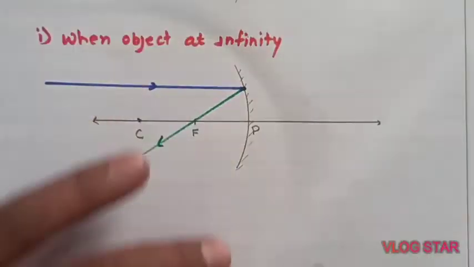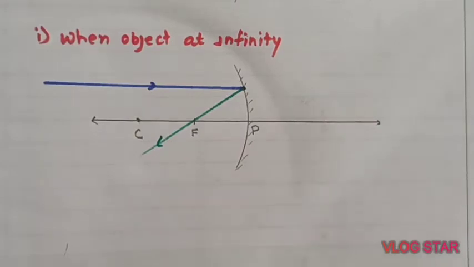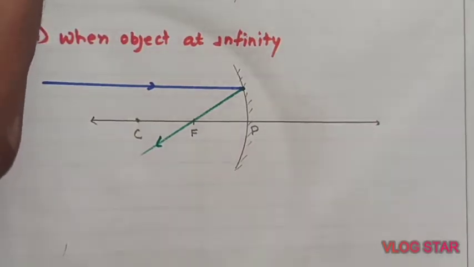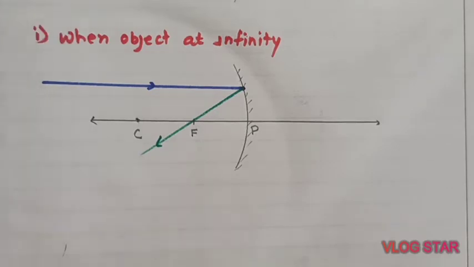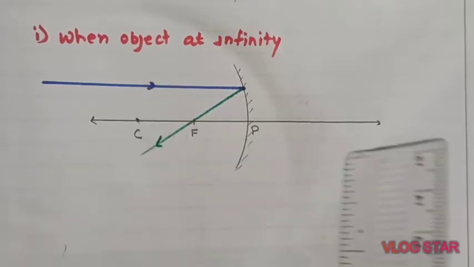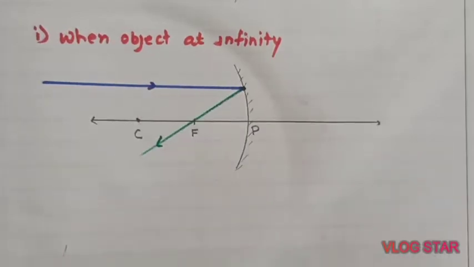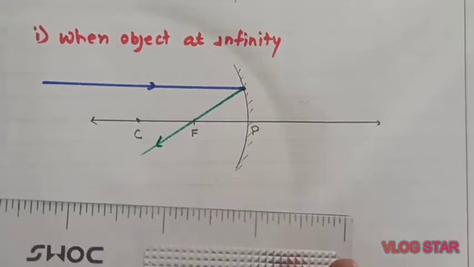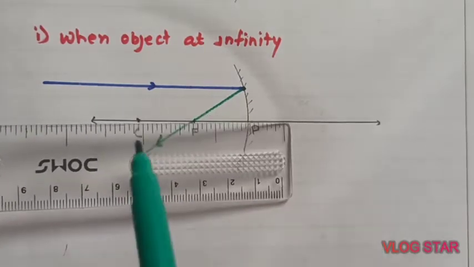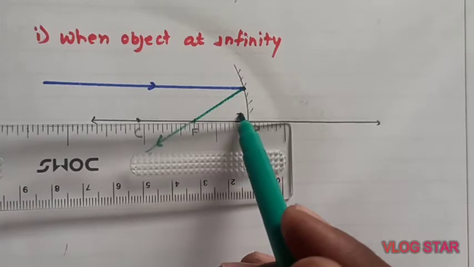As I told you, in order to get the image, you have to take one of the parallel rays, one of the rays through the focus, and one of the rays through the center of curvature. So the second ray will come either from the center of curvature or the focus, but it is falling from infinity, so it will come along the principal axis.